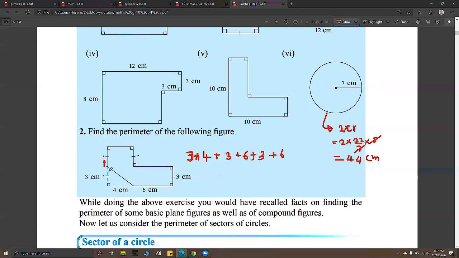Now you have the problem. You have to find out this member. In order to find that member, you can use the Pythagoras theorem. How can you use it?